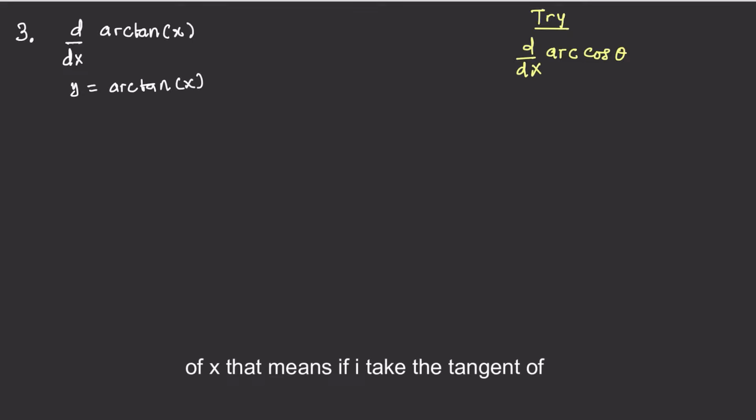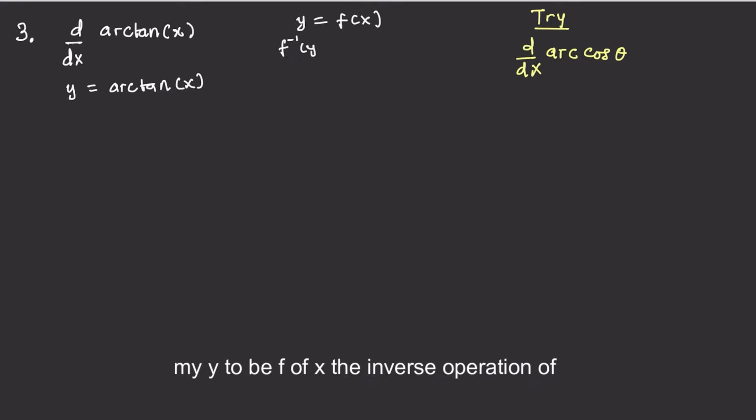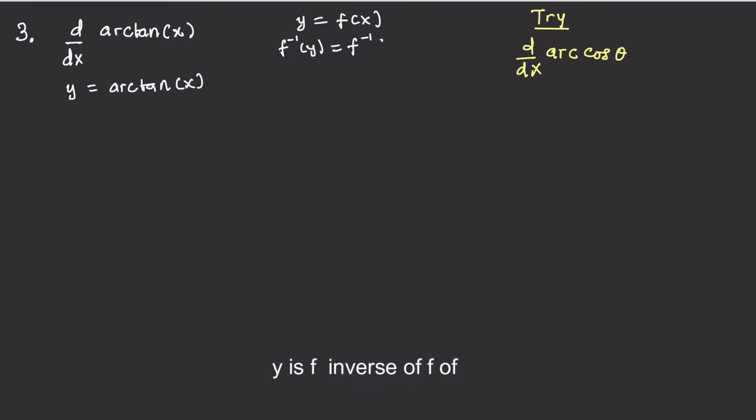That means if I take the tangent of both sides, since arctan is just an inverse operation for tangent, that is, if I have y equals f of x, the inverse operation is f inverse of f of x. That is, I'm moving a step forward, and the inverse operation is taking a step backward.